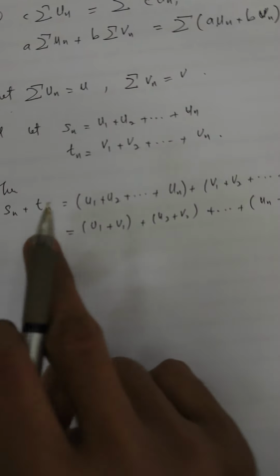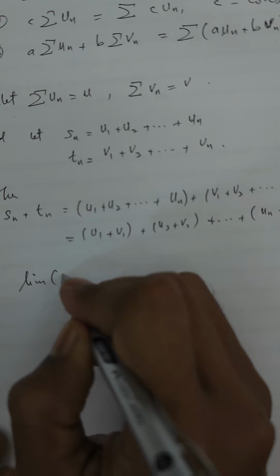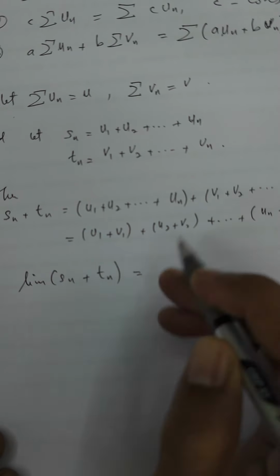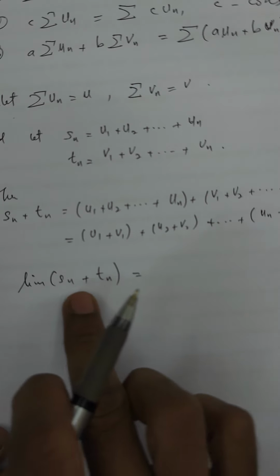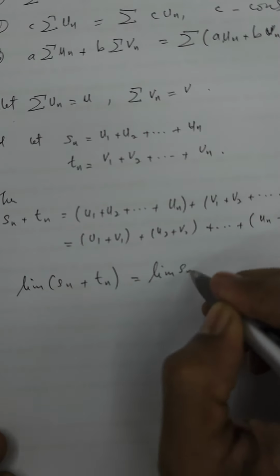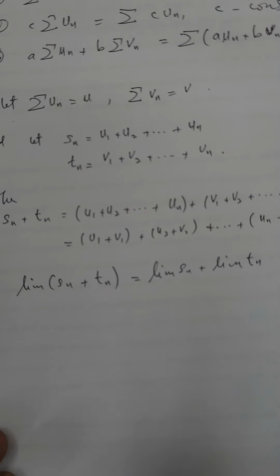Alright, so if you take the limit of Sn plus Tn, then the properties of limits show that you can split those things. That gives you the limit of Sn plus the limit of Tn.